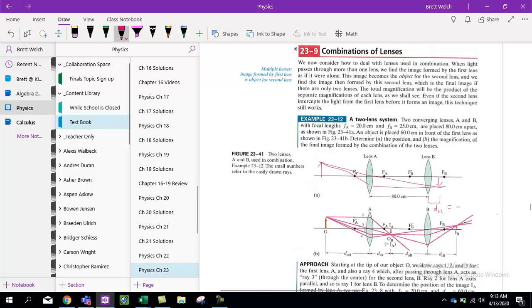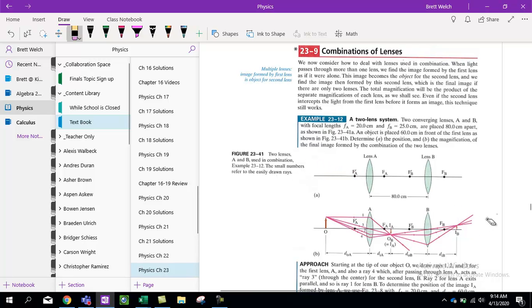Now, whether or not the image ends up being negative, that's a different question altogether. So it's really important that you take time to process where you are relative to the second lens, because you're going to need that information from your first object.